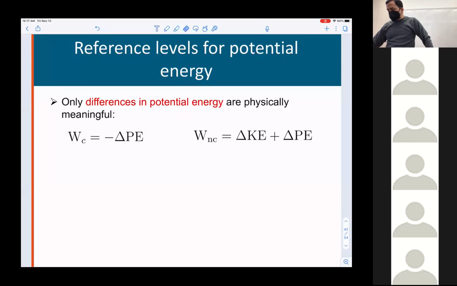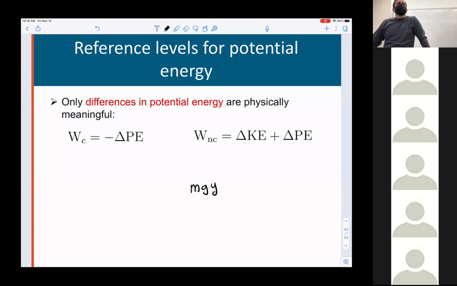Okay, so there's one last point about potential energy, which is the idea of reference levels that go into the definition of the potential energy. So when I say that there's some object that has, let's say, a potential energy of mgy, well, that y is some height relative to wherever you're calling y equaling zero, right?